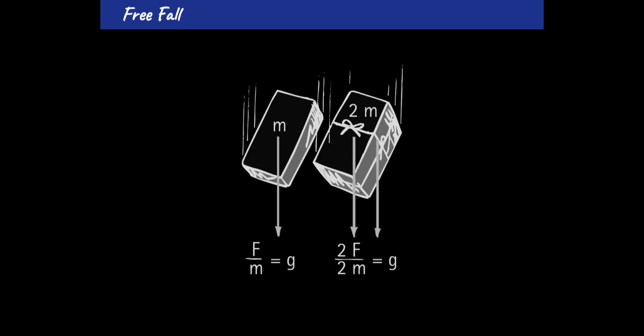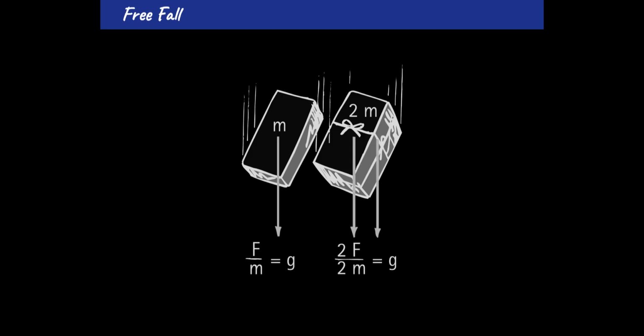And so these fractions, 2 over 2, that's of course 1, and it works out to g. So Galileo's experiment, dropping things from the top of the Leaning Tower of Pisa, now makes obvious sense. Everything falls in free fall at the same rate, no matter what the mass.